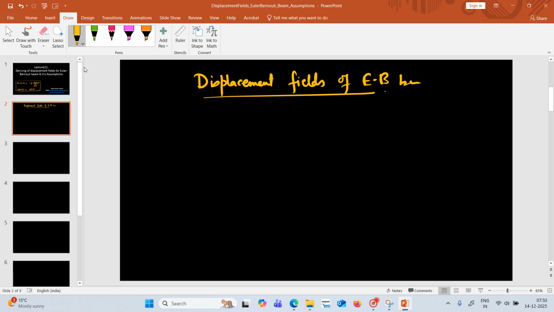Okay, so from the Taylor series expansion, we know that any displacement field, let us say the in-plane displacement u of x comma z, we can write in short as the sum from i equals 0 to n, the nth polynomial order, of u_i z^i.